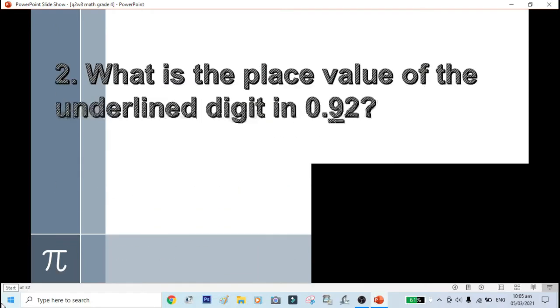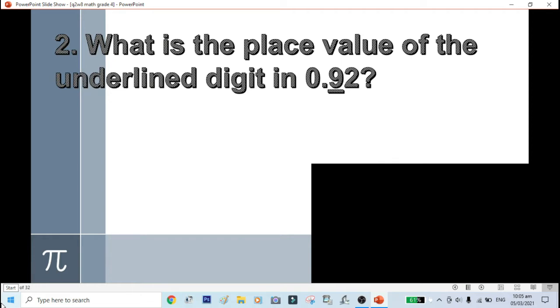Number 2, what is the place value of the underlined digit in 92 hundredths?